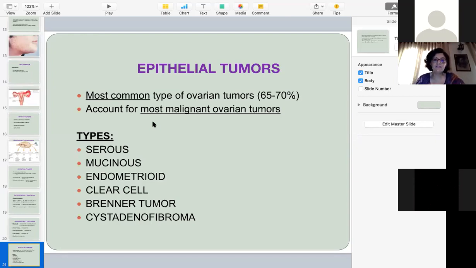The types of surface epithelial tumors are serous, most important, most common; mucinous, endometrioid, clear cell, Brenner tumor, and cystadenofibroma. So these are 6 types of surface epithelial tumors, and we will discuss each one of them in detail separately because they're the most important ovarian tumors.